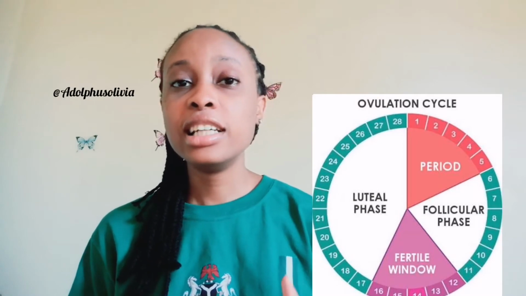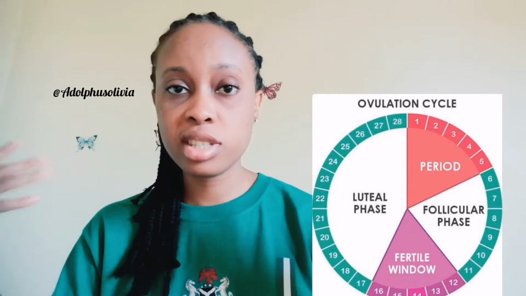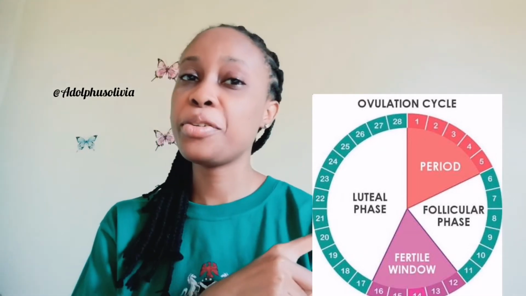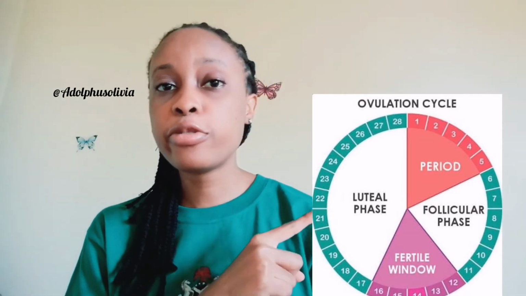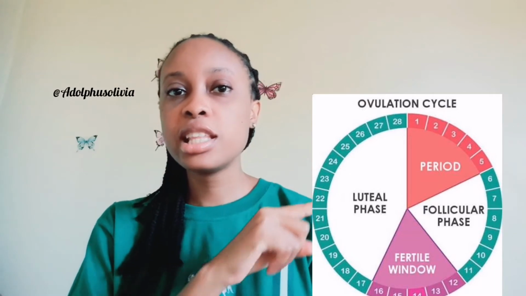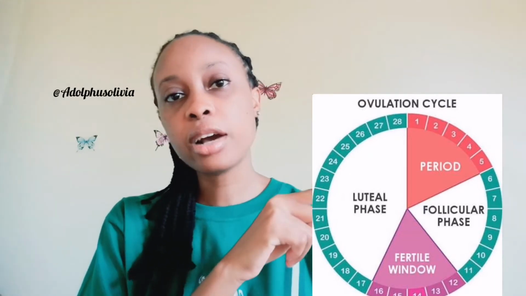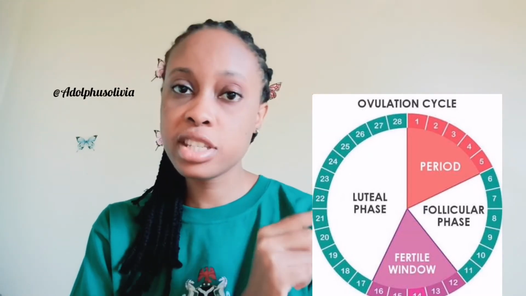Please kindly ignore our dog. Anytime I want to make a video, this dog will start talking. Sorry for that. Let's say you start your period today, that's day one, and you see it for 4 days. That's your period.